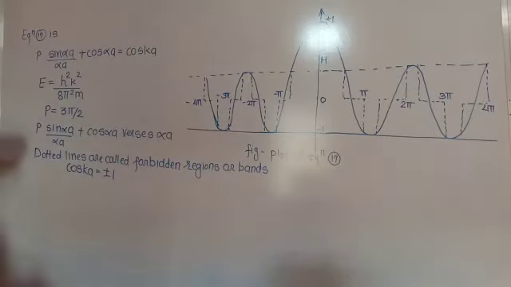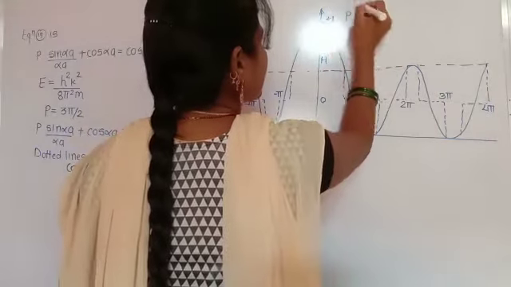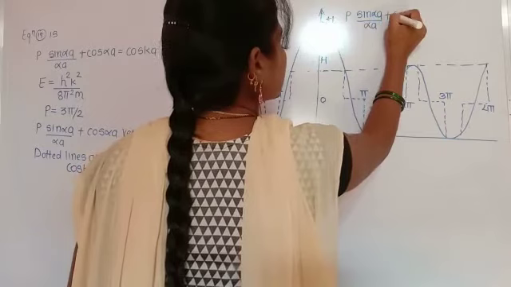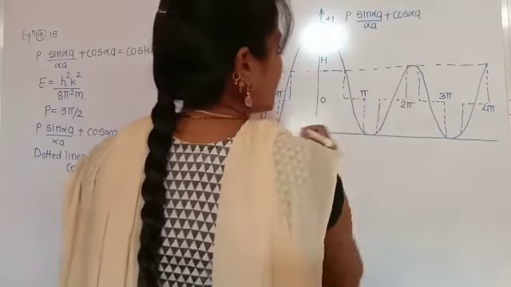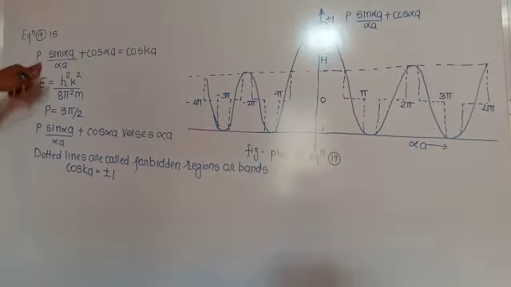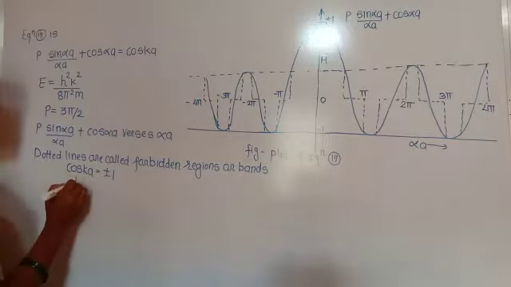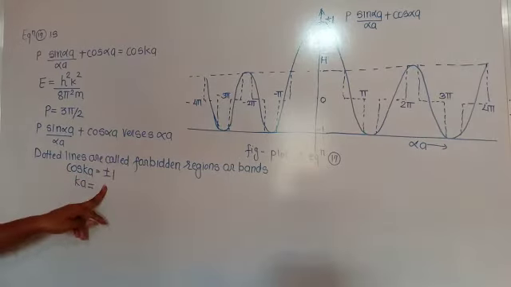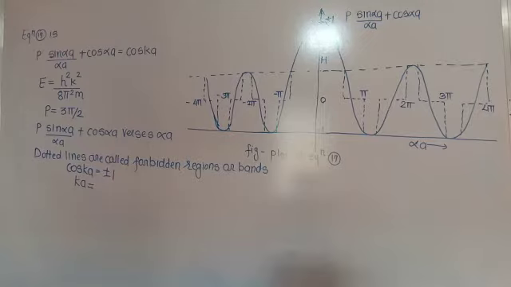The y axis is P sin αa divided by αa plus cos αa, and the x axis is αa. Then cos Ka equal to plus or minus 1 gives the allowed energy bands, and this corresponds to the value plus or minus 1.